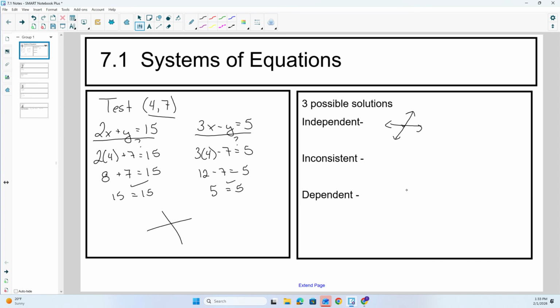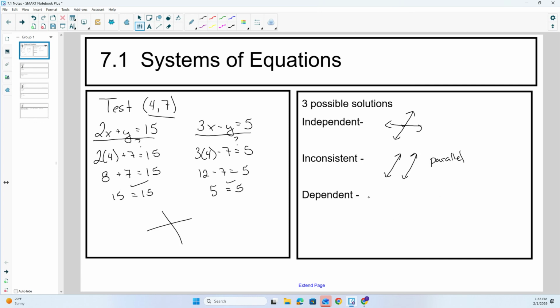Then we have inconsistent. Inconsistent looks like this. They are parallel lines. So with inconsistent, you think about, okay, they never intersect, they never share possibilities, so they have to be parallel lines.